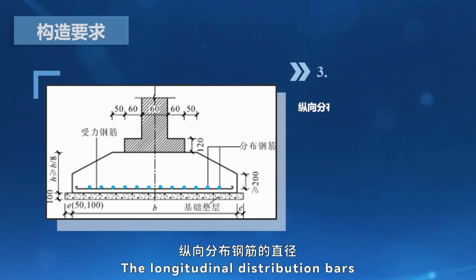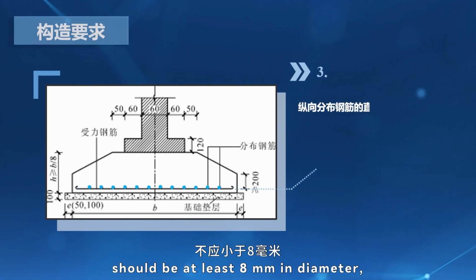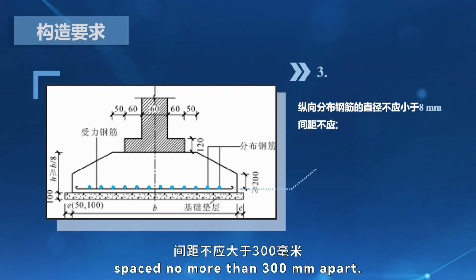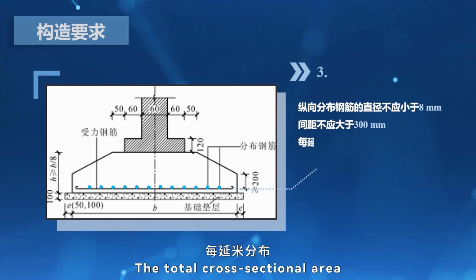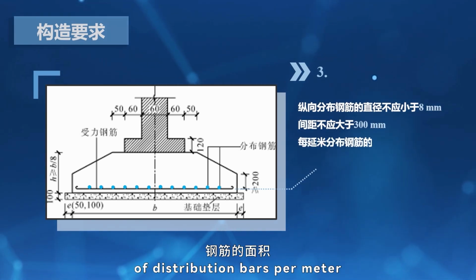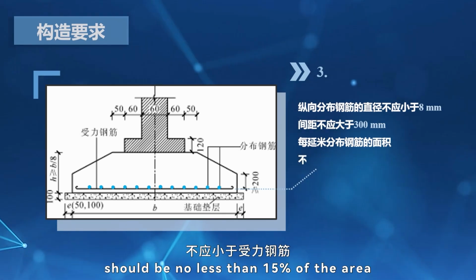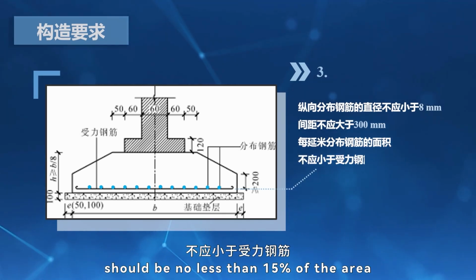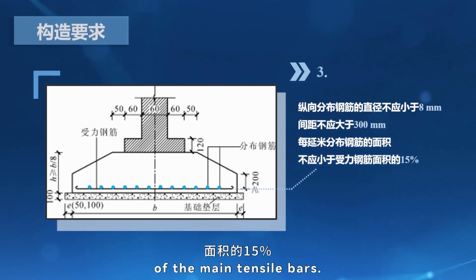The longitudinal distribution bars should be at least 8 mm in diameter, spaced no more than 300 mm apart. The total cross-sectional area of distribution bars per meter should be no less than 15% of the area of the main tensile bars.